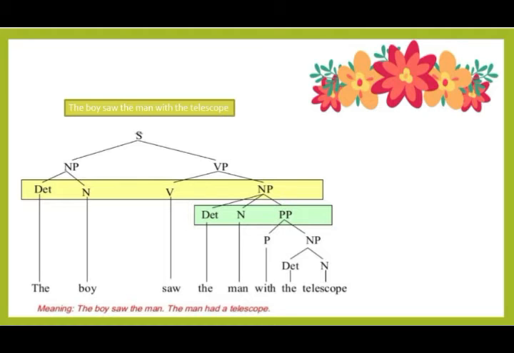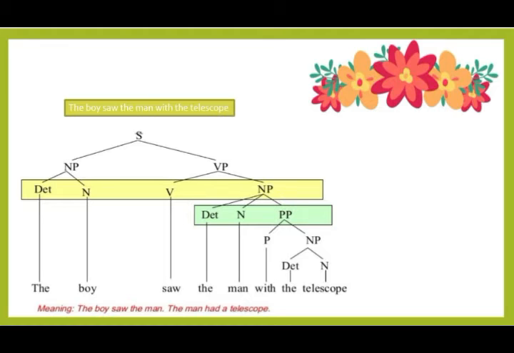The prepositional phrase in the first structure is generated by the rule: verb phrase derives verb, noun phrase, and prepositional phrase.